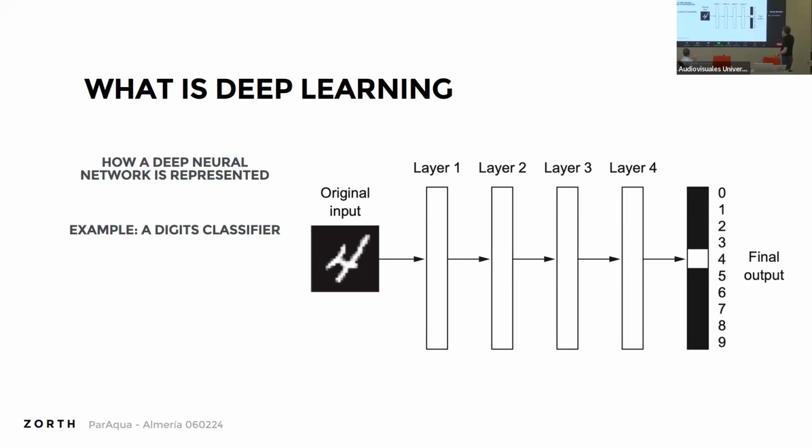In order to understand what deep learning is, we need to understand two things. Here's an example. That's the hello world of machine learning. That's a digits classifier. It's one of the first useful classifiers that have been put together, and that was put together for the U.S. Postal Service.